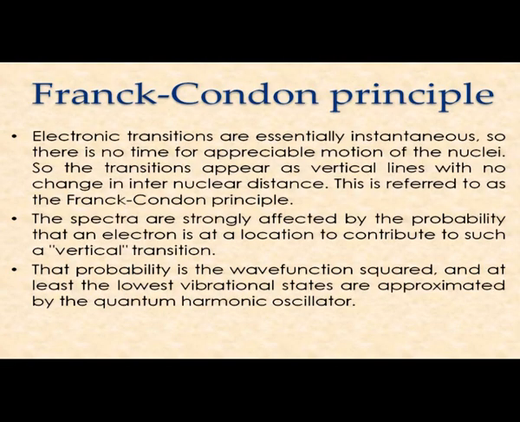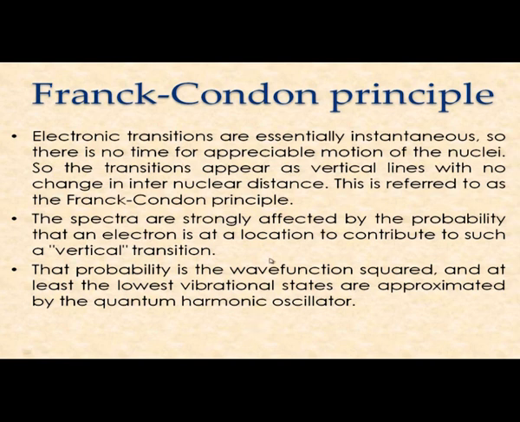Franck-Condon thought about that and gave a principle. Electronic transitions are essentially instantaneous. So, there is no appreciable motion of the nuclei. So, the transition appears as vertical line with no change in internuclear distance. Nucleus is not moving in the spectroscopic transition. This is referred to as Franck-Condon principle.